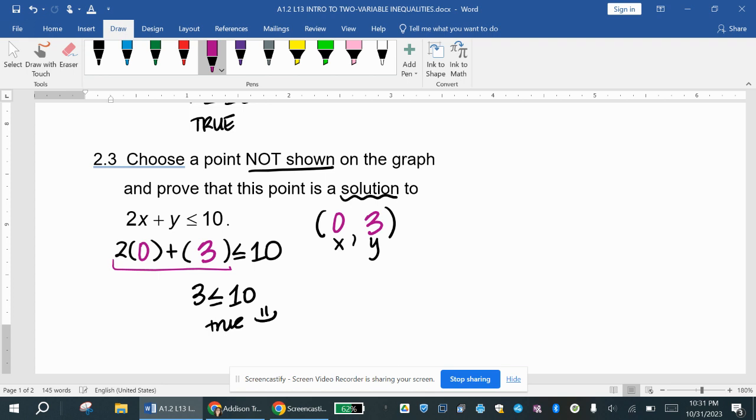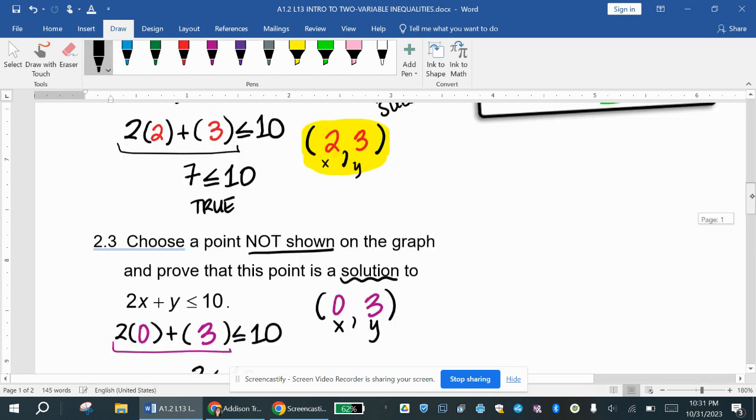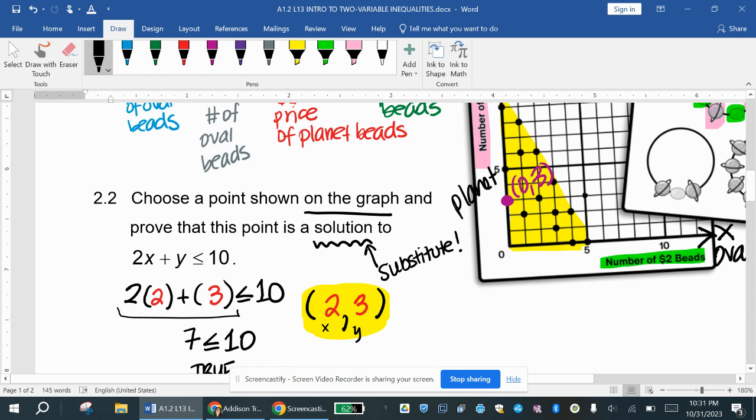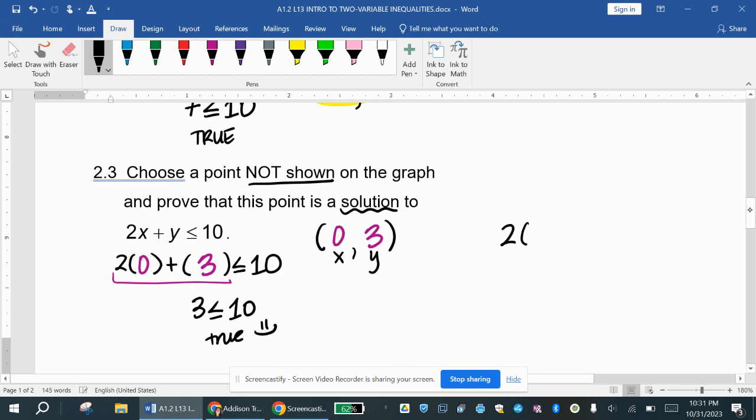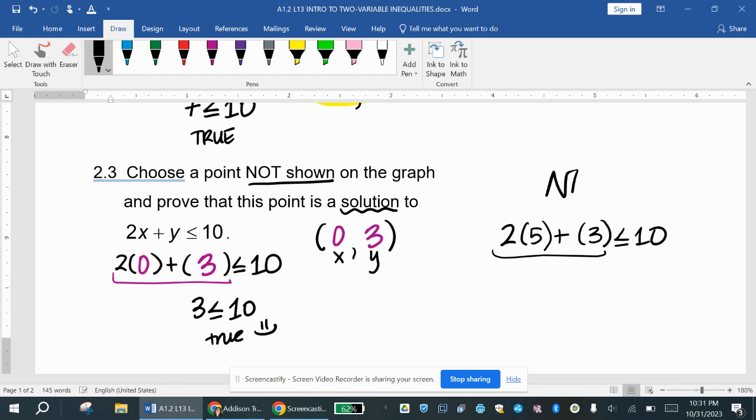Now, if you had picked a point that doesn't work, you just try again. Okay? So let's say you would have picked 5, 3, right? Let's see, does 5, 3 work? Doesn't look like it's in the shaded area, right? But we could say, hey, I don't know, maybe it'll work. So if I substitute 5, 3, 2 times 5, so this one would not be a solution.